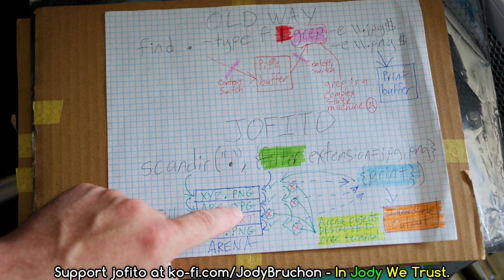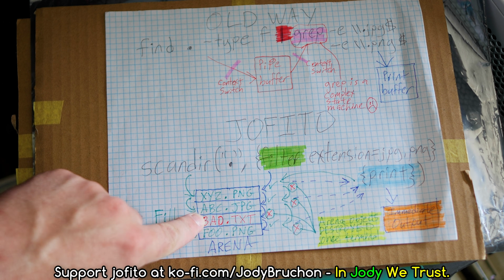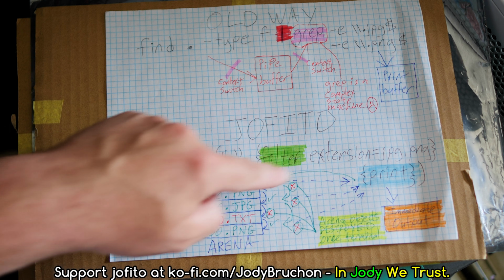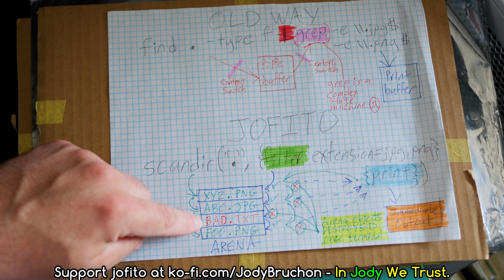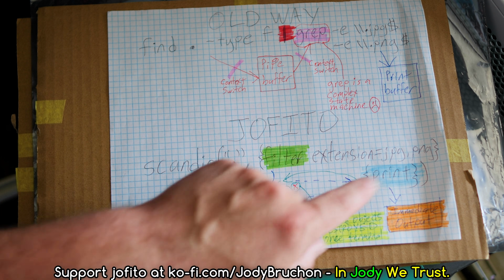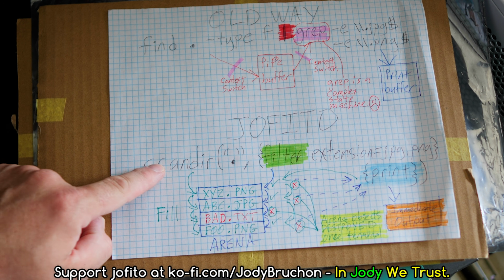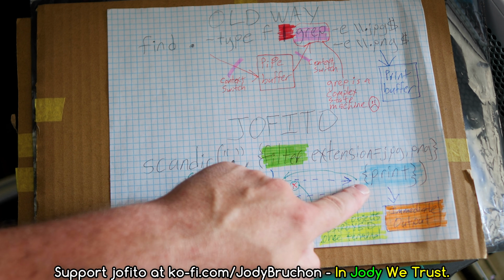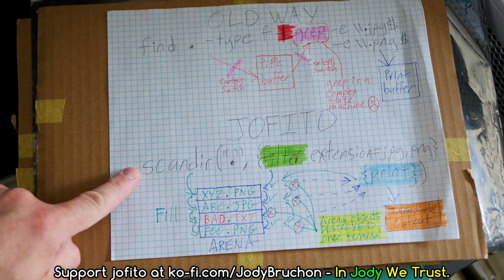We don't have that problem. Filter can immediately detach this. And now when print goes through, it will never hit this. See, each one of these follows in order. This is the most subordinate. This is the leader. So print is chasing filter, is chasing scan directory.